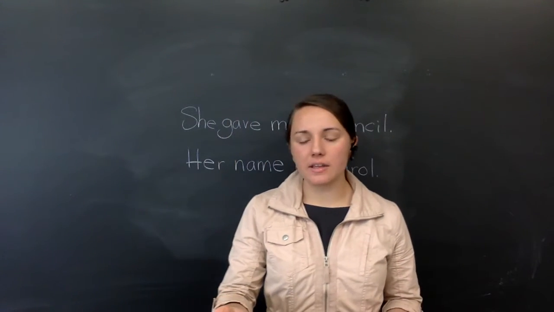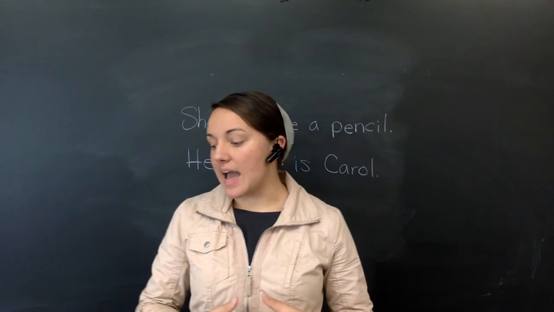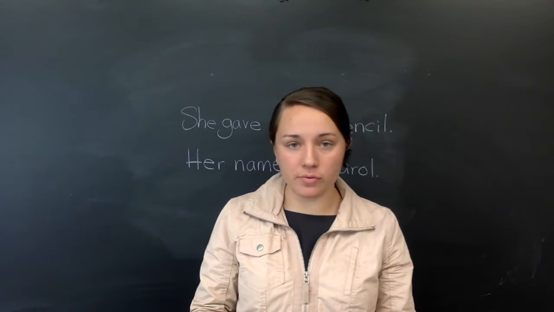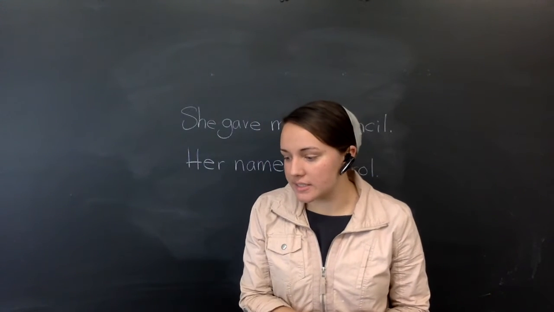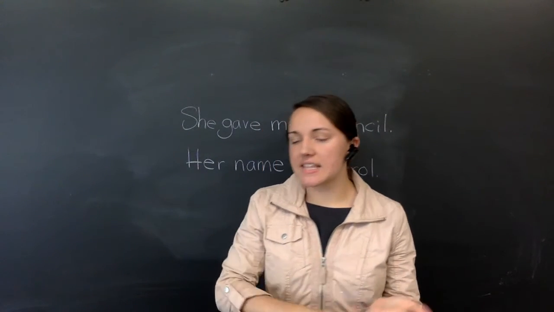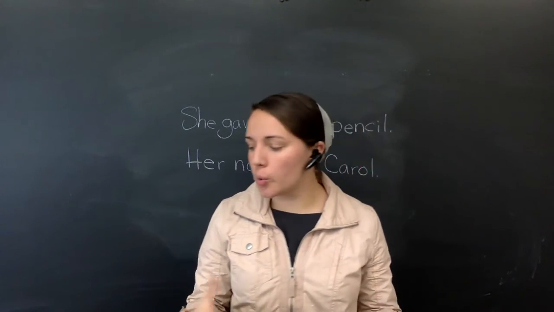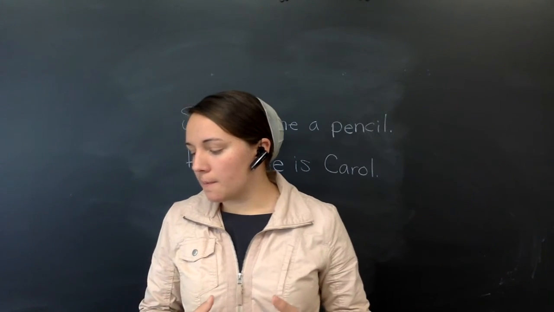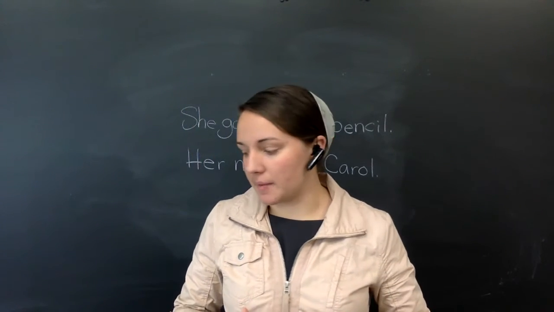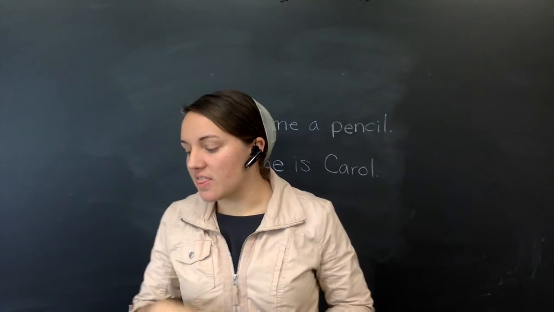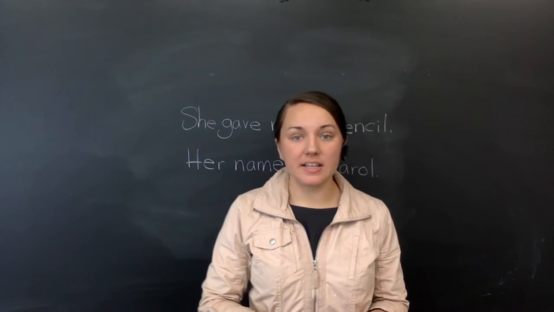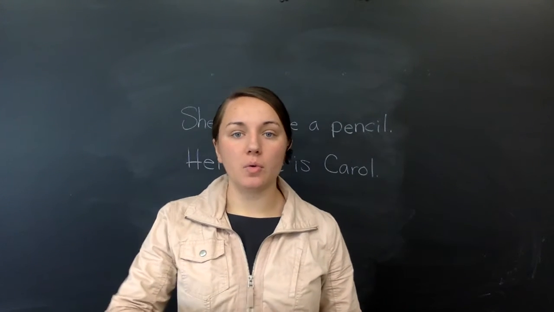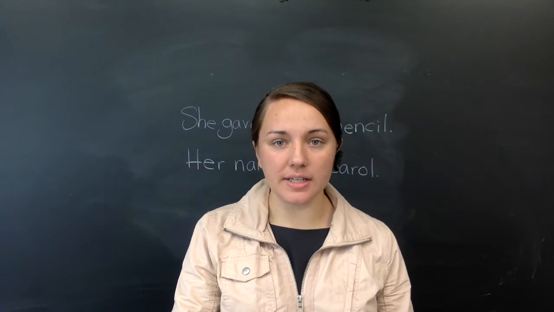First of all, underline the verb twice. Next, ask who or what before the verb to find the subject, and then underline the subject once. Then say the subject and verb together and ask who or what to see if there is a complement. Then see if the verb is action or linking, because if it's action, your complement will be a direct object and indirect object.